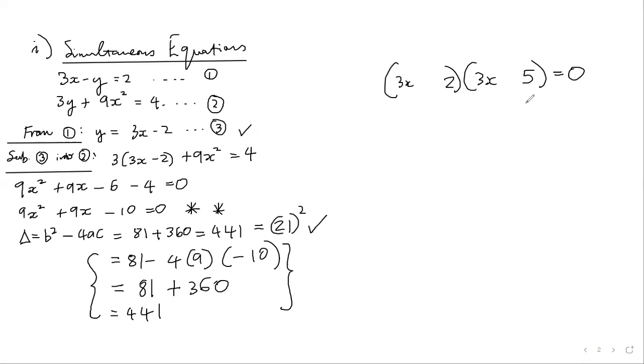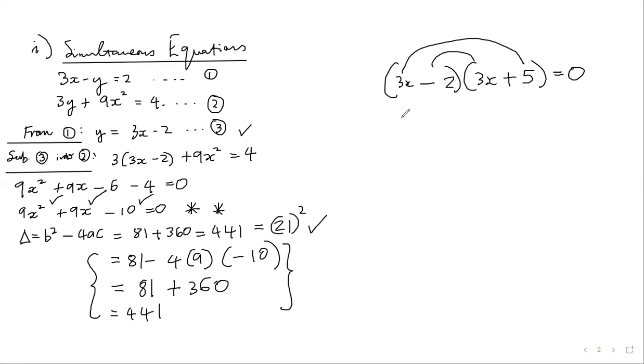So that would probably give me the positive with that, the negative with that. Let's check our work. 3x times 3x is 9x squared. Minus 2 times plus 5 is minus 10. And minus 6x, 15x minus 6x is plus 9x. All right, these factors are perfectly fine.